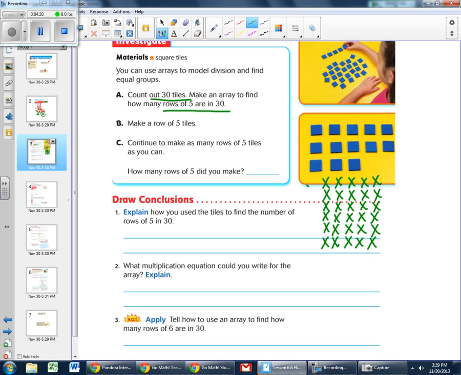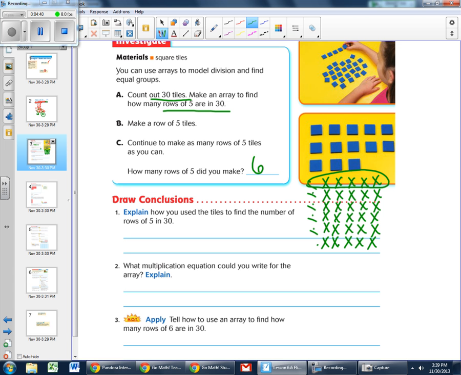Here's a row of 5. Each one of these is a row of 5. You make as many rows of tiles as you can to find out how many rows of 5 you can make. Now I need to count. I have 1 row, 2 rows, 3 rows, 4 rows, 5 rows, 6 rows.